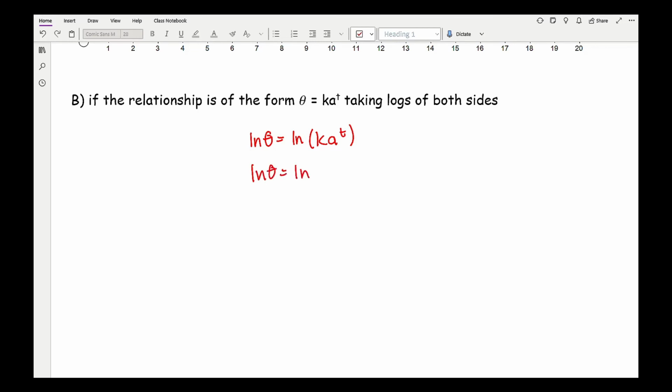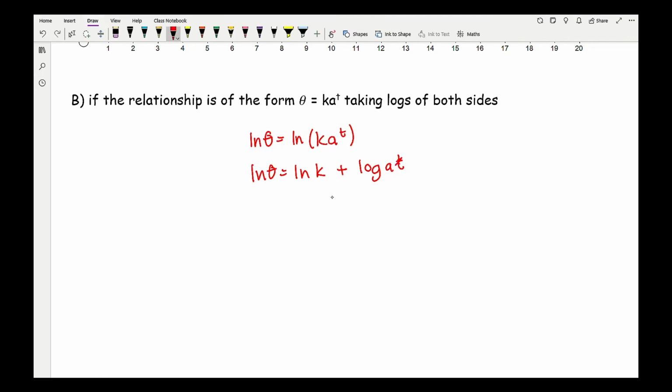So I've got ln of k plus ln of a^t, and then we'll just turn that t into a power. So I've got ln theta equals ln k plus t ln a. And there is my linear model.